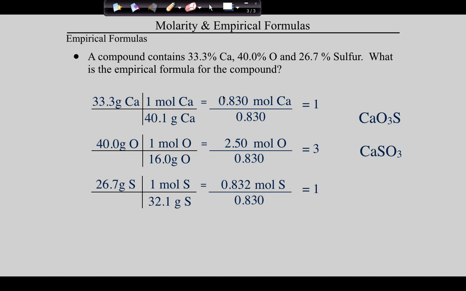So now you're thinking to yourself, how are we supposed to know that? Right? Guys, here's the deal. If there is a metal in your empirical formula, what does that make it, a salt or a molecule? If there's a metal in your formula, is it a salt or a molecule?